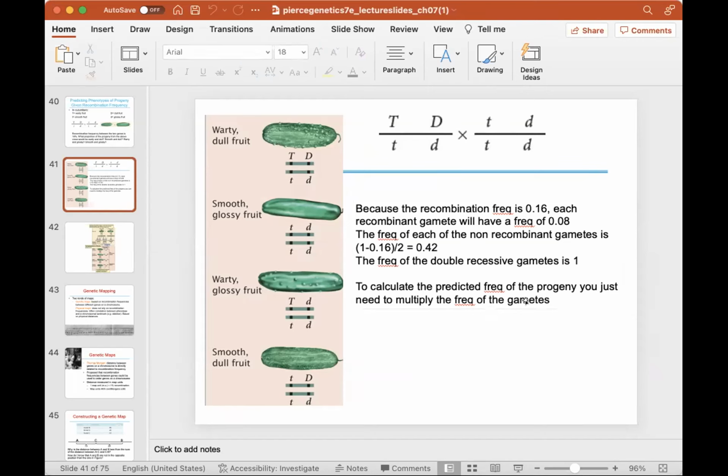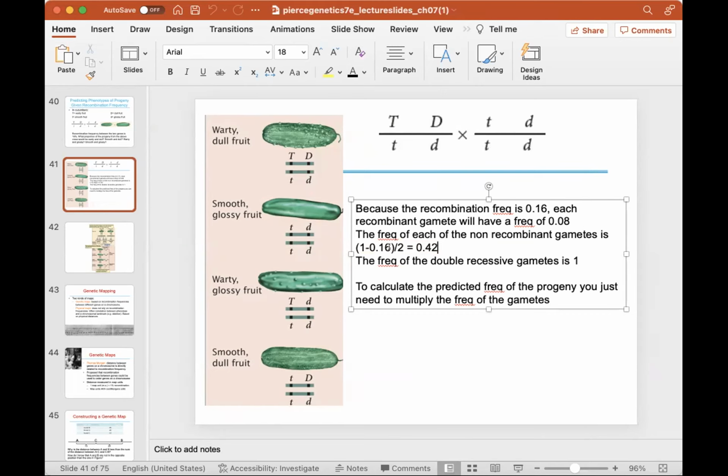And then down here where they get 0.42, it's kind of the same thing as up here, but we're trying to find the non-recombinant gametes. So we subtract 0.16.